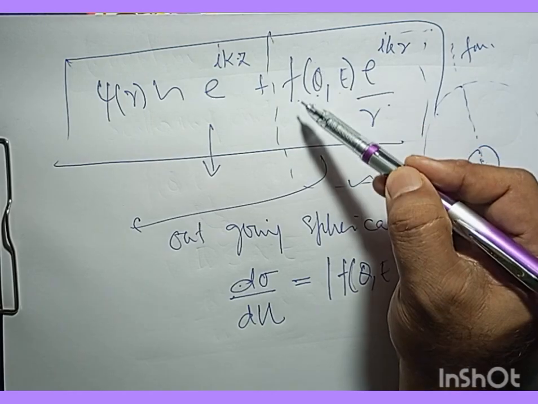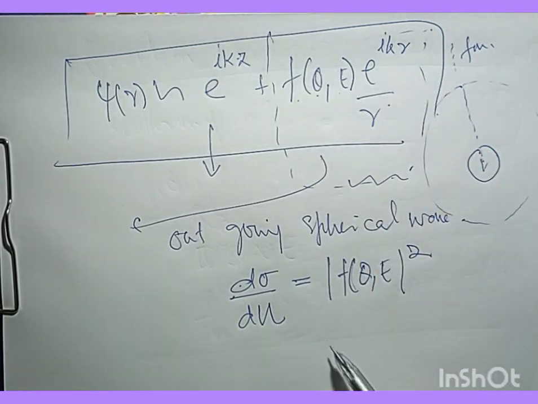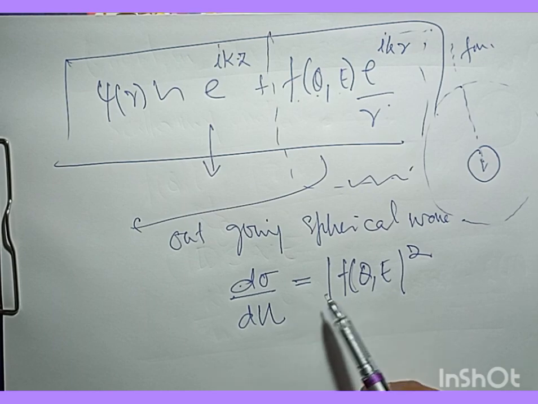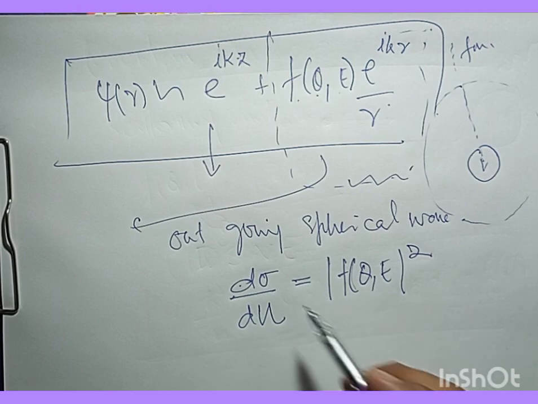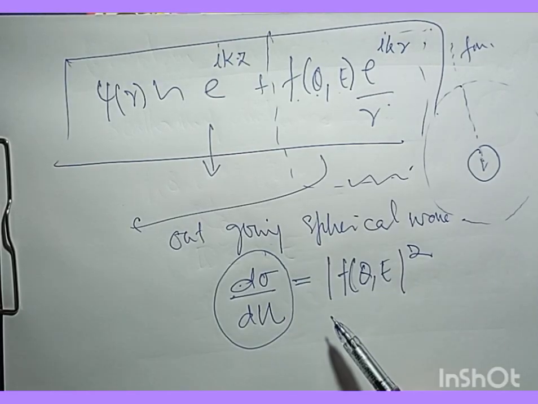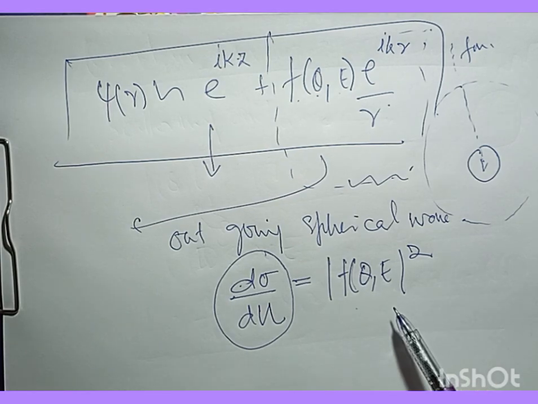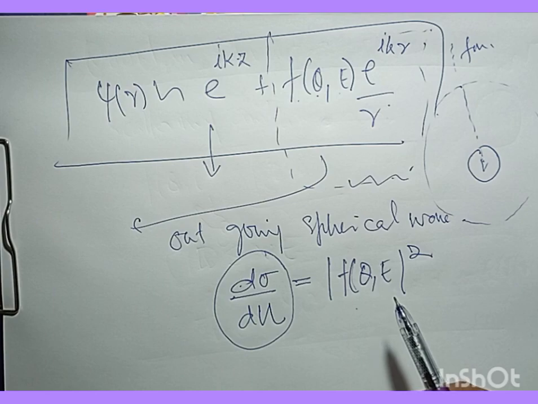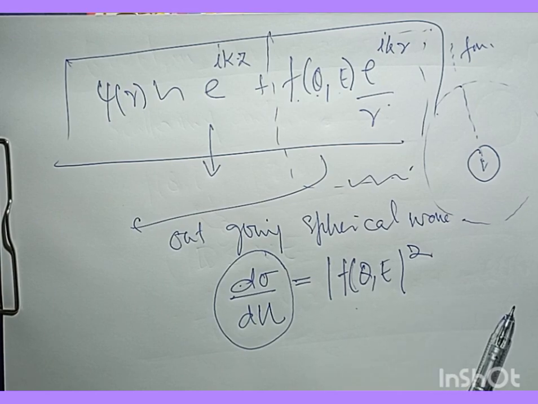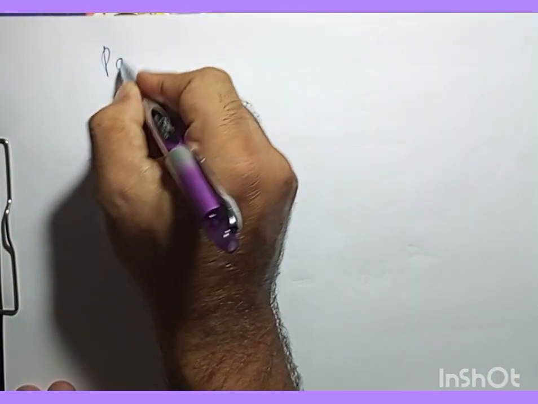If I take the mod square of this whole thing, this gives me the measure of the differential cross section, which is proportional to the modulus square of the scattering amplitude. Now there is another approach that's used in quantum mechanics, and that's partial wave expansion.